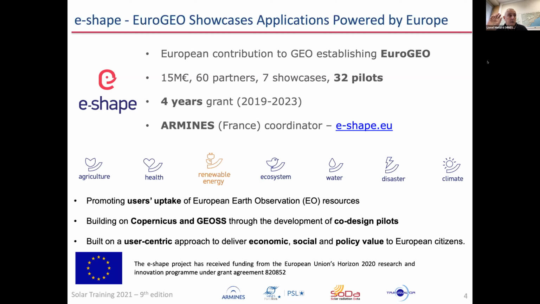So here you find the key word in this project, which is users. The idea is to assess how those users may take and benefit from Earth observation data, mostly coming from European assets such as Copernicus, and to develop those products using co-design.